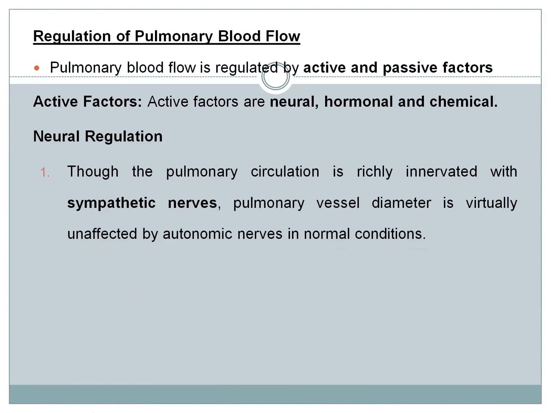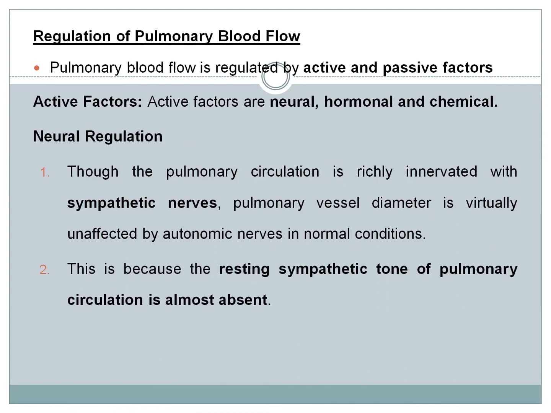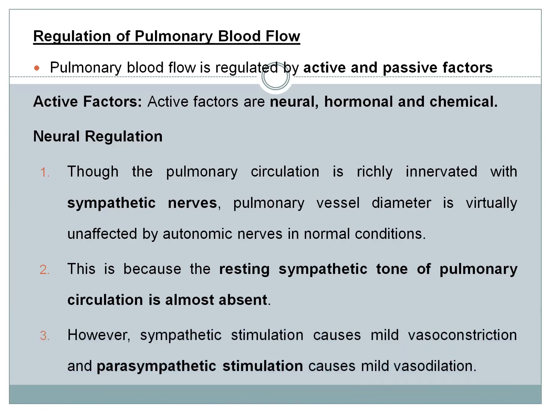So normally it is innervated by sympathetic nerves, but it is unaffected in normal condition because the resting sympathetic tone of pulmonary circulation is almost absent. So there is no tone of the sympathetic nerves in cases of pulmonary circulation. So in normal condition, the regulation through the nerves is absent.